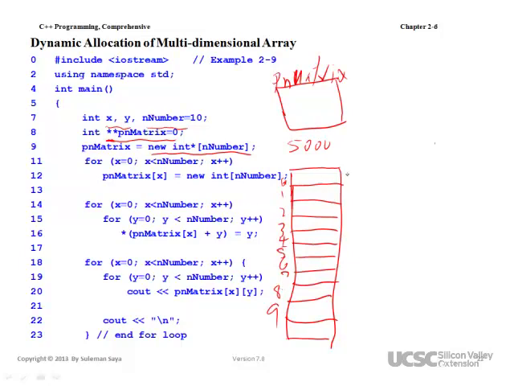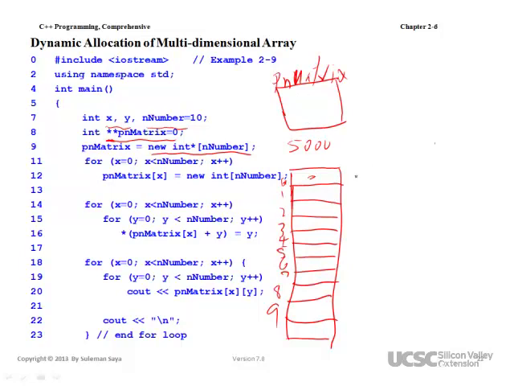Now remember, all these array elements can only hold addresses. They cannot hold the data, and that's what we were talking about earlier. This pointer right here, PN matrix, will hold the address of this array, the very first address.